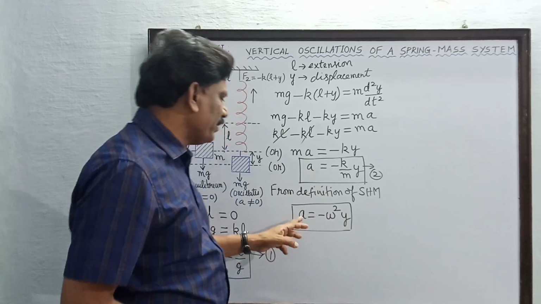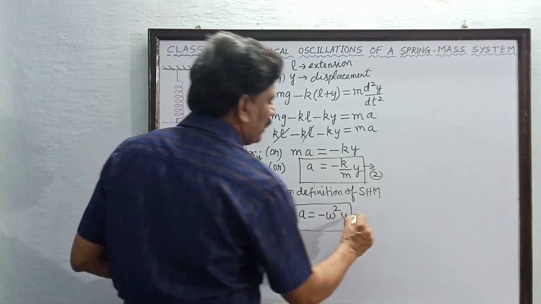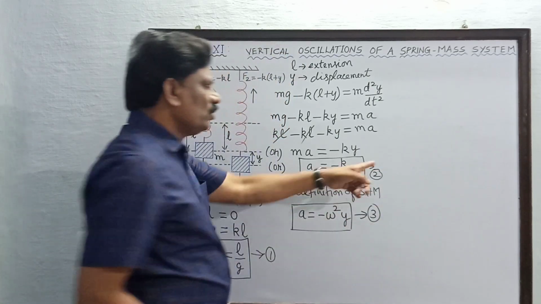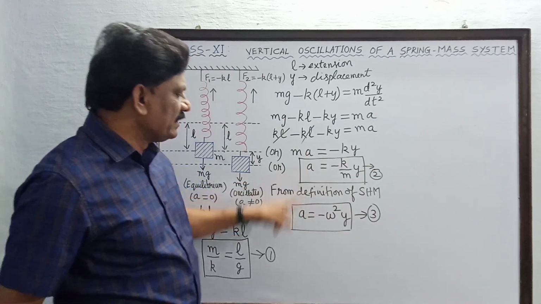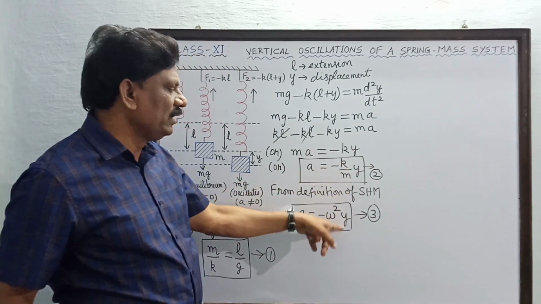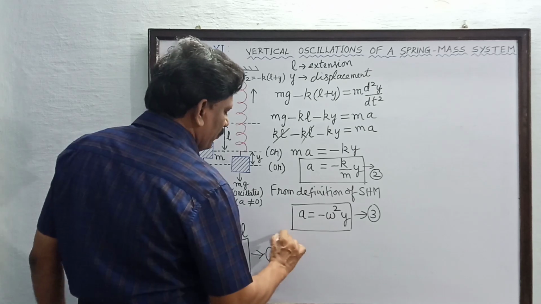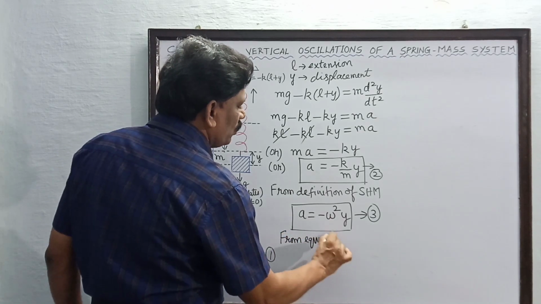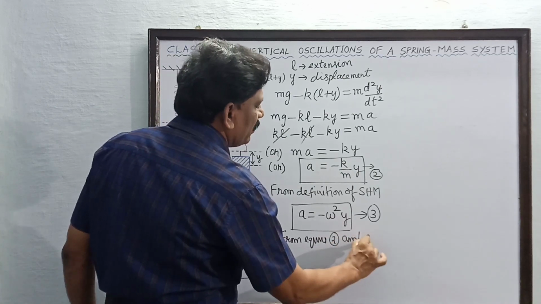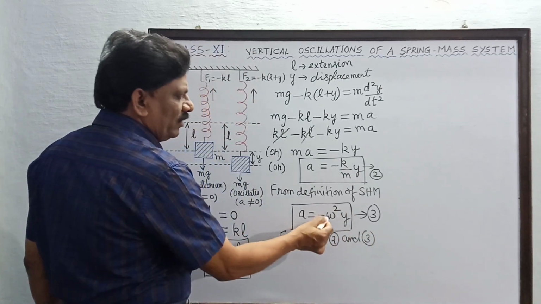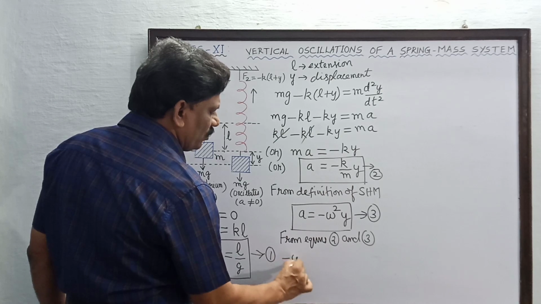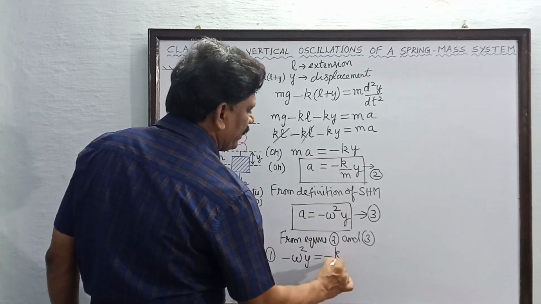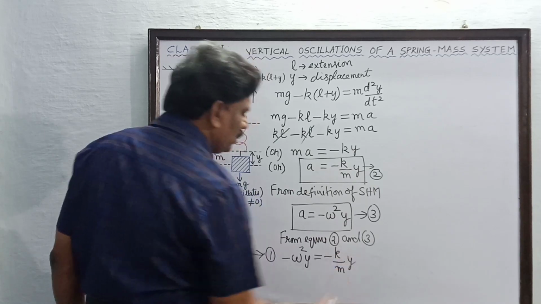That is why minus omega square times y. So look at equations 2 and 3. Their left hand sides are the same, so I am going to equate the right hand sides. From equations 2 and 3, I can write minus omega square into y is equal to minus k by m into y.